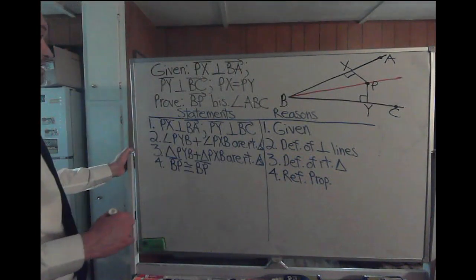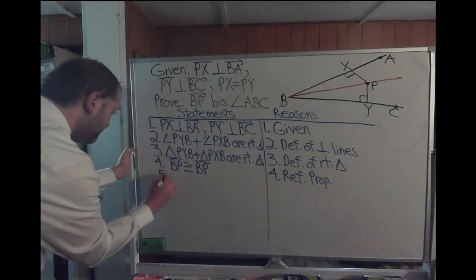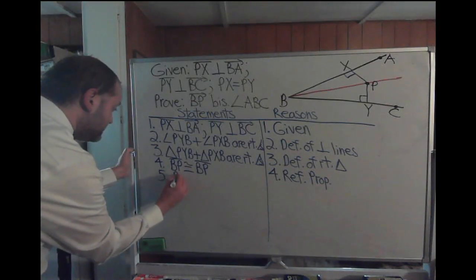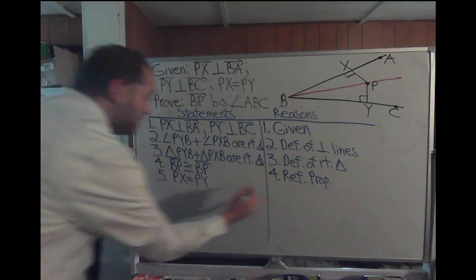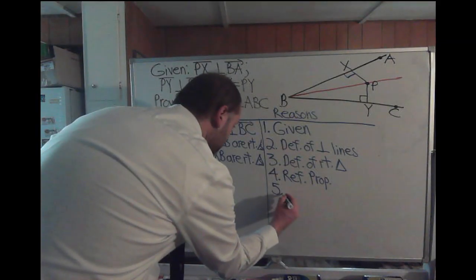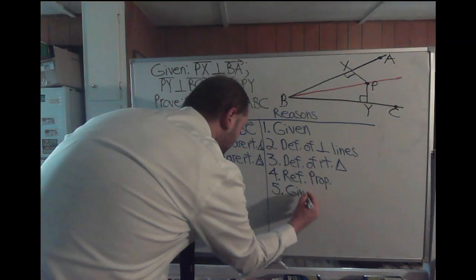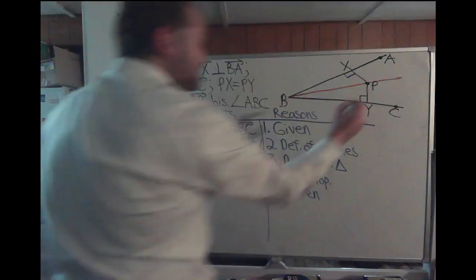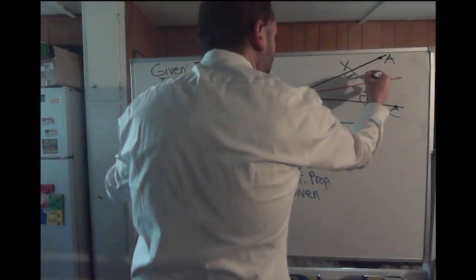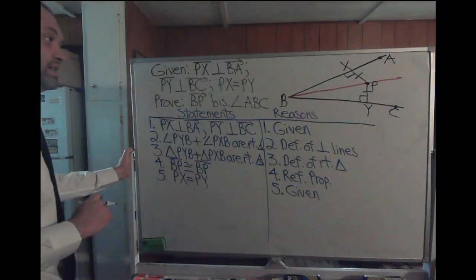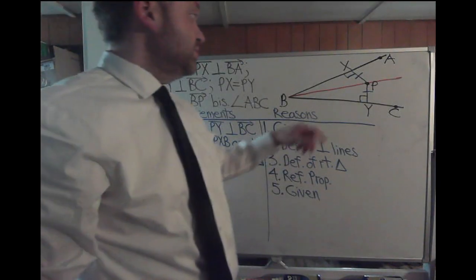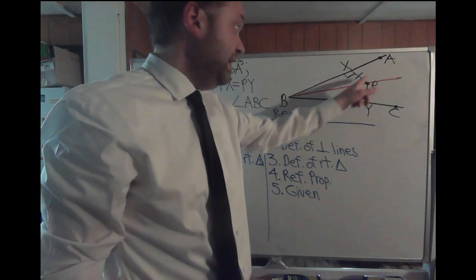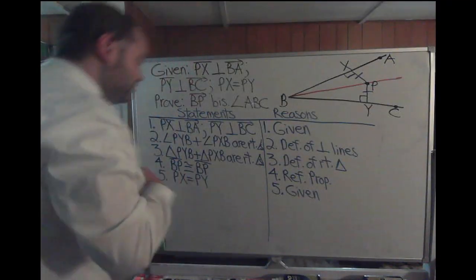Then we were given also for step 5, use our last piece of information that PX is equal to PY. That, of course, in step 5 was given. In fact, let's mark them on our diagram that they're congruent. There, we got congruency markers now. If we look at these two right triangles, you have a leg and the hypotenuse of each congruent to each other.